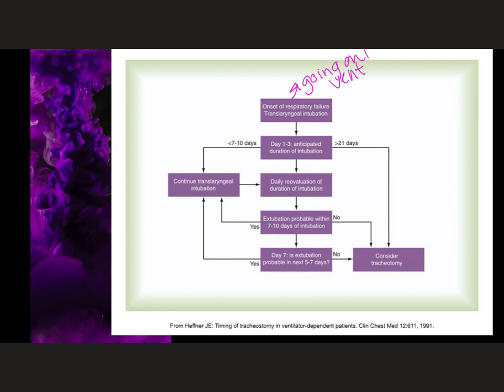Are they developing more comorbidities? Are they getting sicker or are they getting better? We're going to look at them physically. Is their upper airway intact? Is there a possibility that we can leave an ET tube or do a nasal tube, depending on what's going on with the patient?